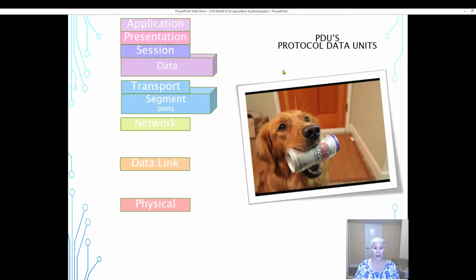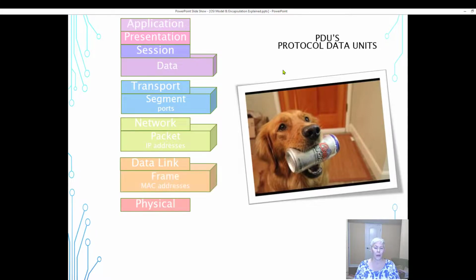Next, it gets pushed down to layer 3, the network layer, where it picks up the source and destination IP address. We call this protocol data unit the packet. After that, we move down to layer 2, the data link layer.